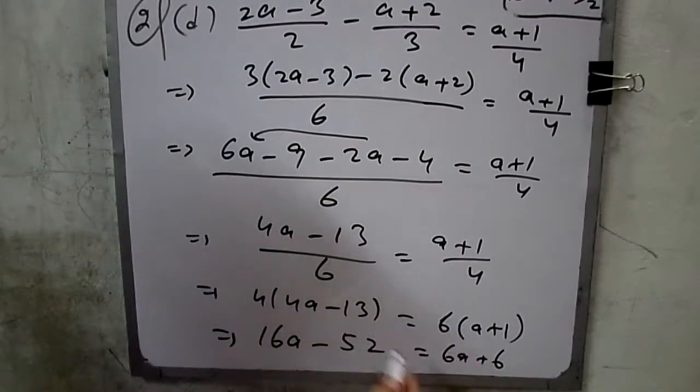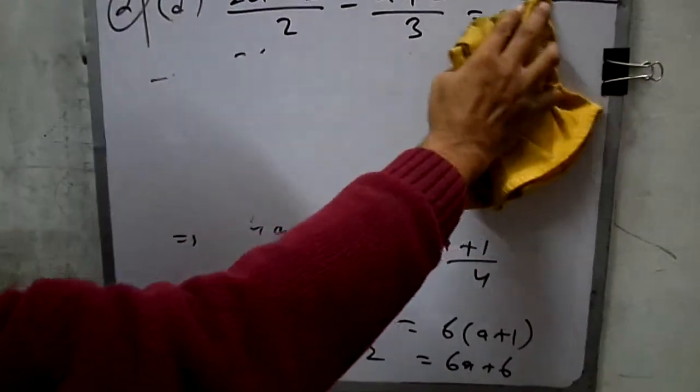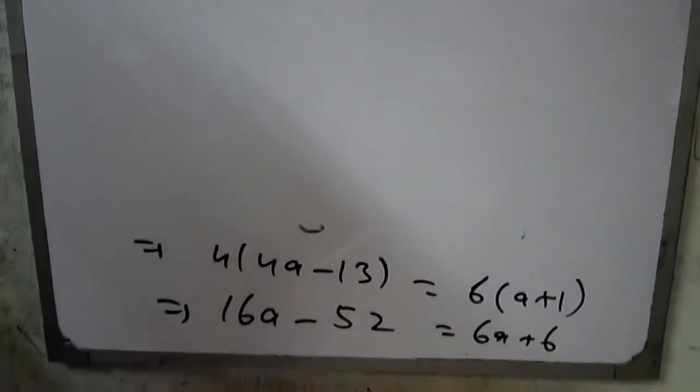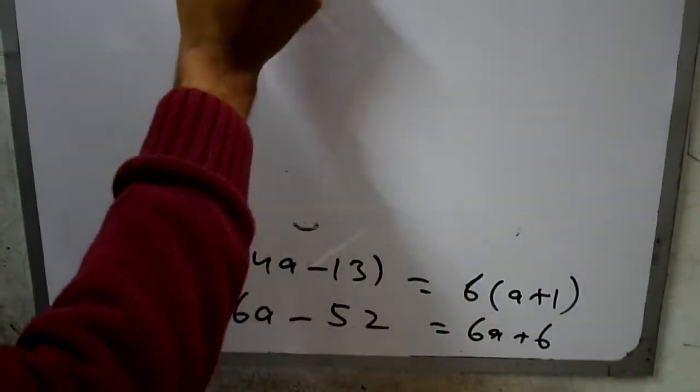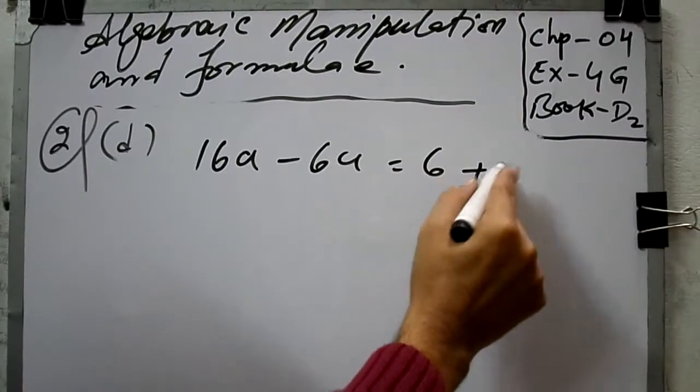So similar terms will be added at one side, shifted. That is 16a minus 6a is equal to 6 plus 52.